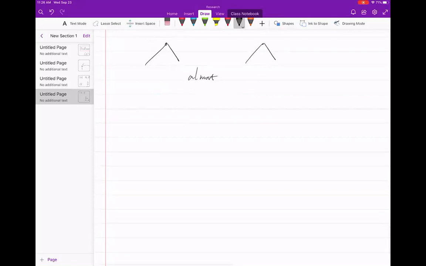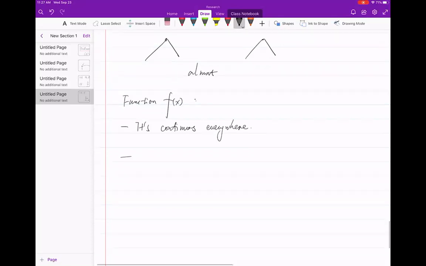Can you imagine there is a function f(x) satisfying the following 2 things? Number 1, it's continuous everywhere. Number 2, it's differentiable nowhere.